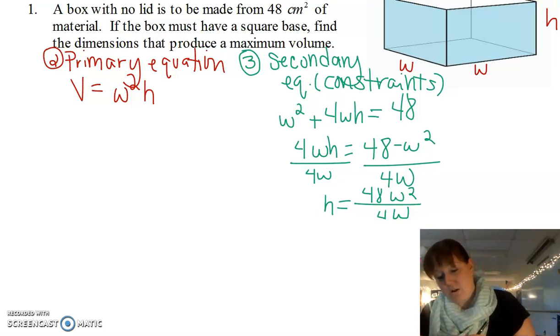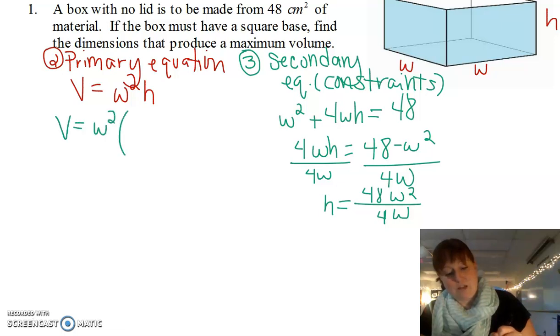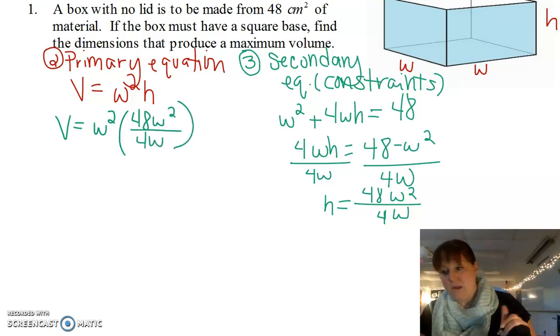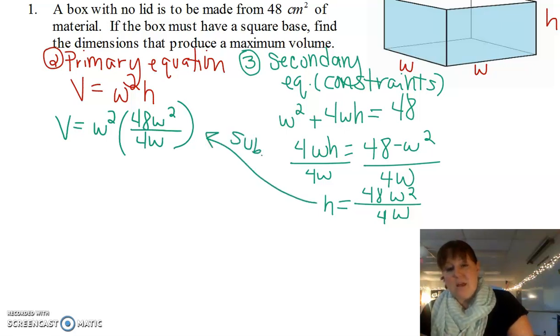All right, so there's our 2 equations. We're going to go ahead and sub one back in. Wherever we see H, we're going to put this. So we're still in step number 3. So this is volume equals W squared times H, which is (48 minus W squared) over 4W. Now we have our volume in terms of one variable, right?